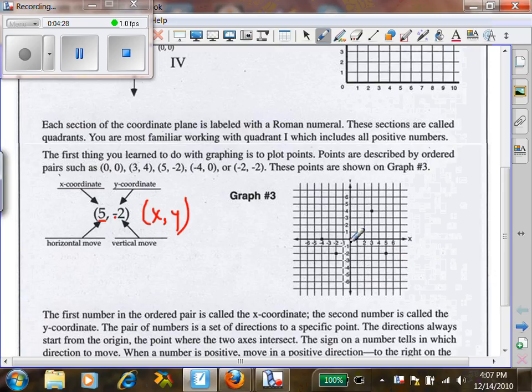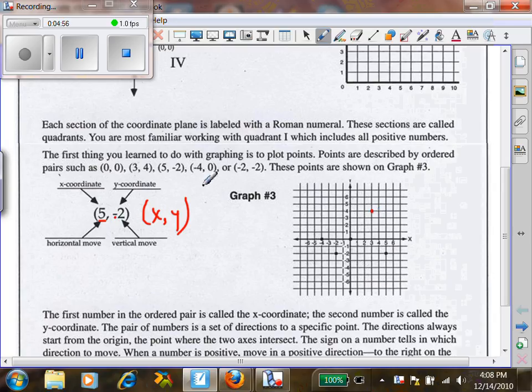Origin means a beginning point or a starting point. So you always start at the origin, and then you go across first, and then you go up or down. So the point 3, 4, we start at the origin, we count over 3 to the right because it's a positive x value of 3, and then we count up 4, and then we plot our point right there, and that's the point 3, 4.